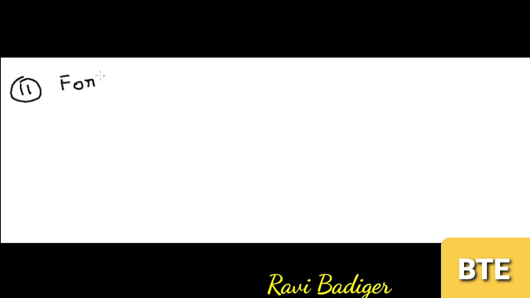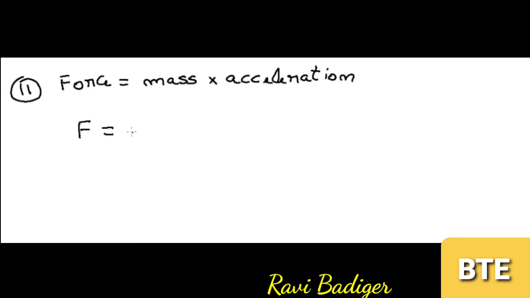Number 11, force. The force is the product of mass and acceleration, that is force equal to mass into acceleration. Force is denoted by capital F, mass with small m and acceleration with small a. That is F is equal to ma.